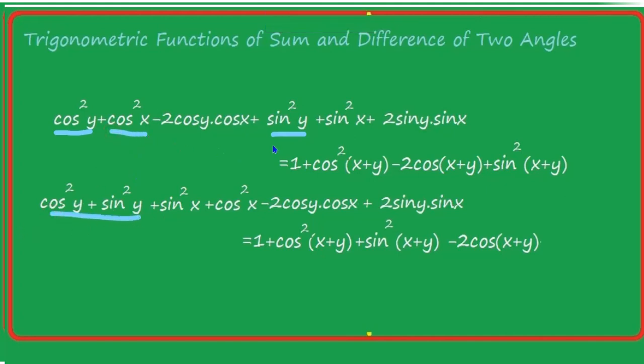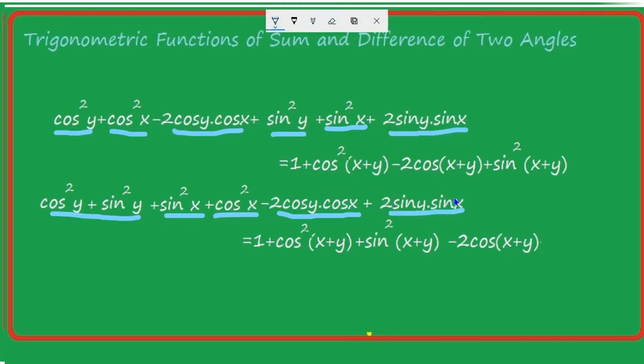Then cos square x plus sin square x, and minus 2 cos y cos x, plus 2 sin y sin x. This is the left side.